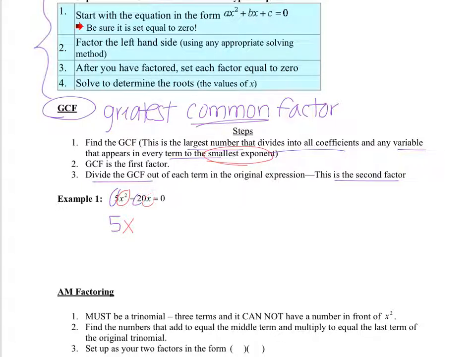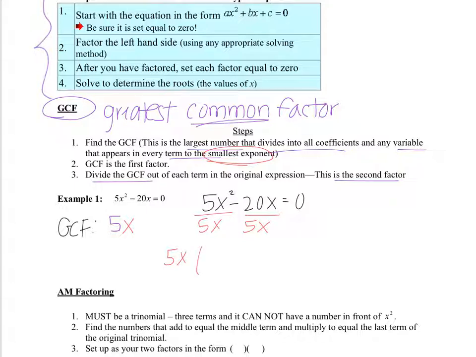So now what I want to do is take and divide by my GCF. So my GCF is 5x. We always write it off to the side. And then in my actual equation, I'm going to divide out by the 5x on all parts. So I have 5x on the outside, parentheses, equals 0.